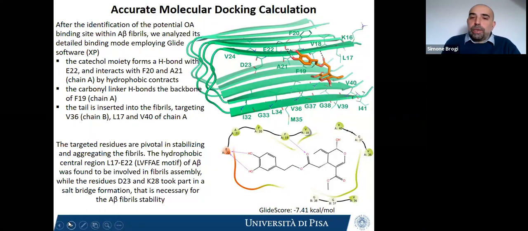And this complex obtained by Glide showed a relevant computational score, and so the energies found for this interaction are good, and it seems plausible that this polyphenol could have a pattern of interaction like this on the surface of amyloid beta fibrils.